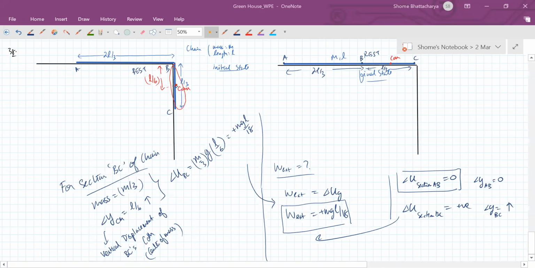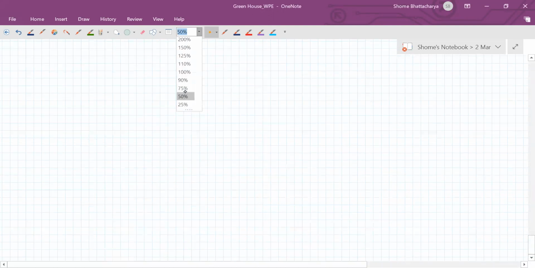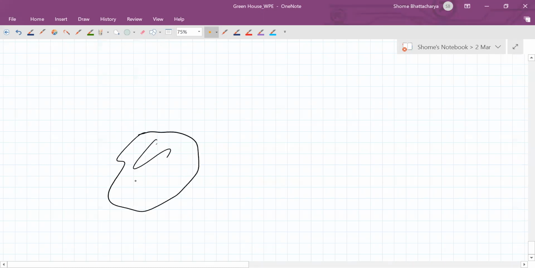Okay, now 39th question is, no, actually what we have done is we have taken the displacement of the center of mass. The concept we are using here, Vashisht, is this: suppose I have any arbitrary shape of rigid body, and I move this body from here via some kind of path to here.